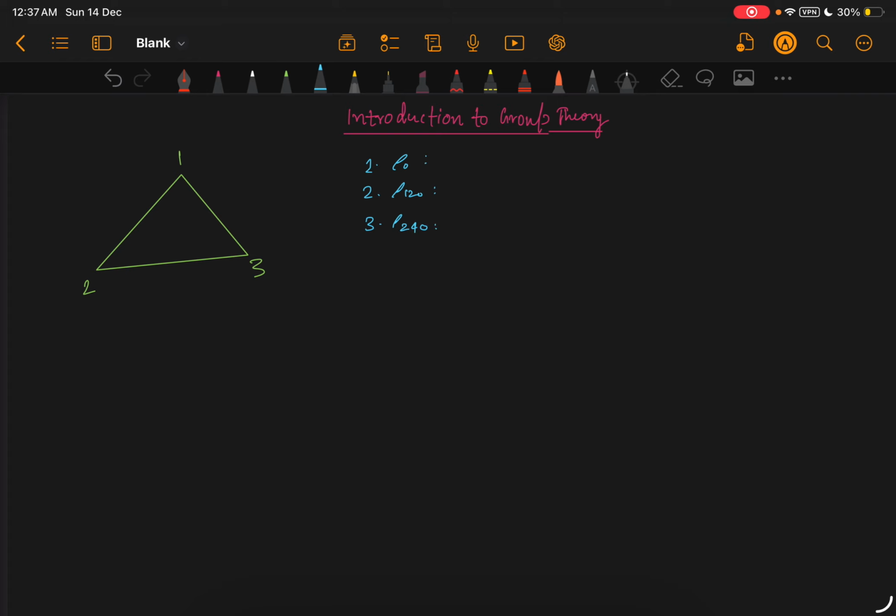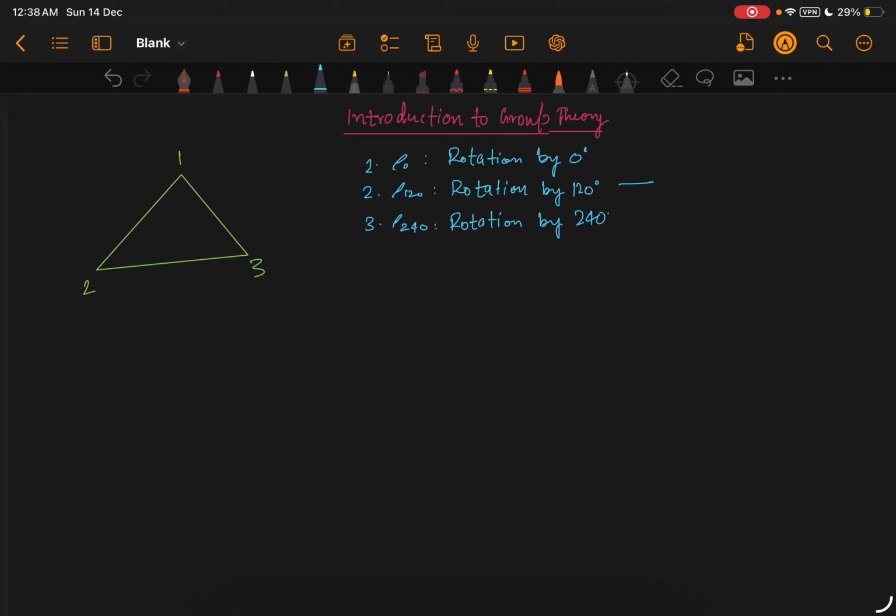These are nothing but rotation by 0 degree, which is just keeping it as it is, and rotation by 120 degree and rotation by 240 degree.